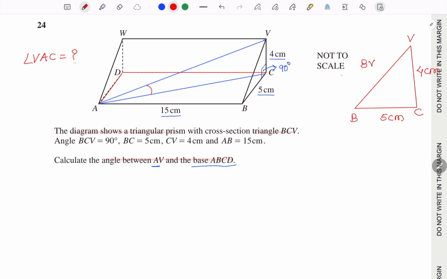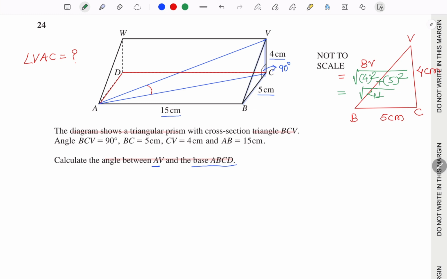BV will be equal to root under 4 squared plus 5 squared. This will give me root under 41. Okay, so the value of BV is root under 41. We have already covered this triangle.